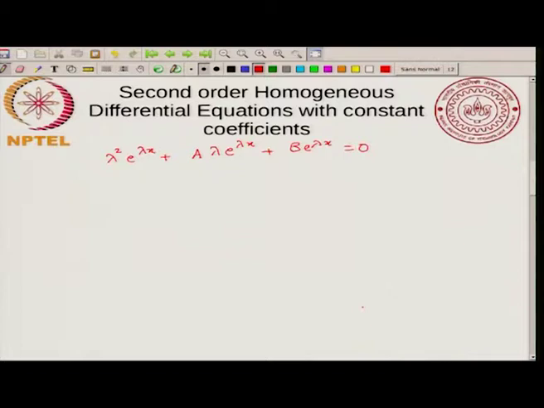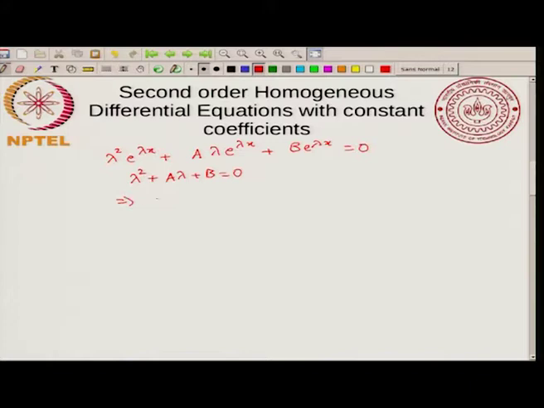And since this is true for all x, I can cancel this e to the lambda x term. I get a relation lambda square plus a lambda plus b equal to 0, and a and b are constants.